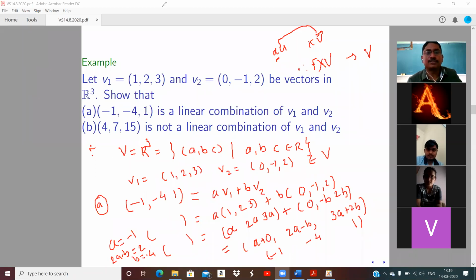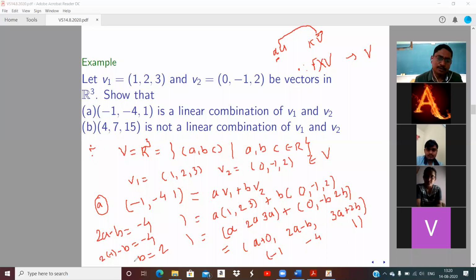I will erase it first. Okay, here 2A minus B is -4 and the value of A is -1. So B becomes 2, I think.